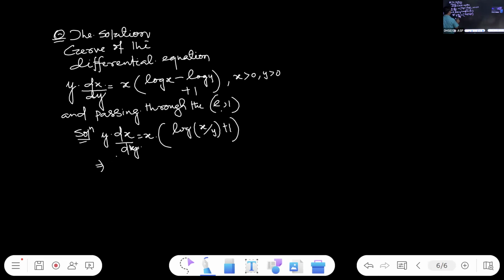This implies dx upon dy is equal to x by y into log of x upon y plus 1. Now substitute x by y is equal to v. This implies x is equal to vy.